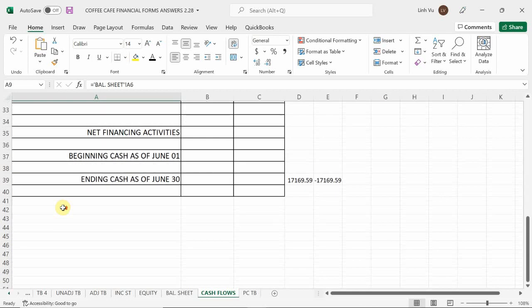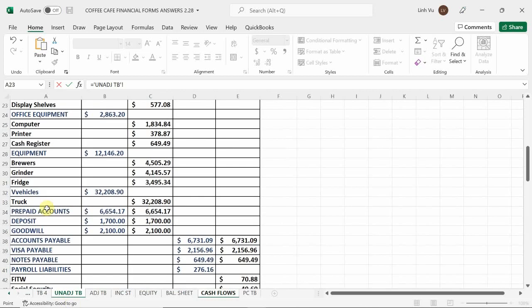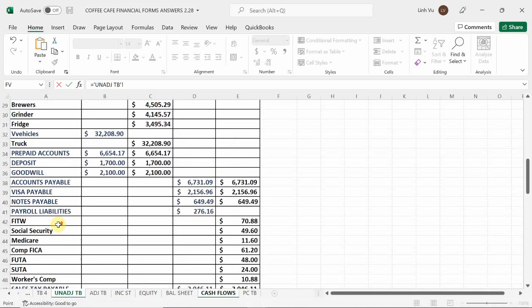I invested originally into my company, which was my owner's equity. I had $30,000 to begin with. So in this case, I need to go to my unadjusted trial balance, because this is going to give you what your equity was in the beginning. What was my original investment? In this case, I invested money into the company.